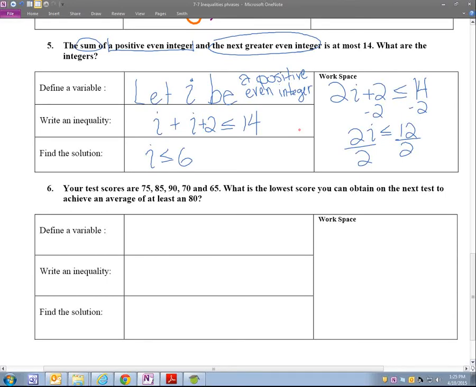If I put 6 in here, 6 plus 2 is less than or equal to 14.